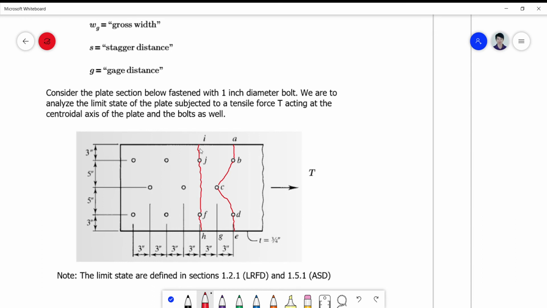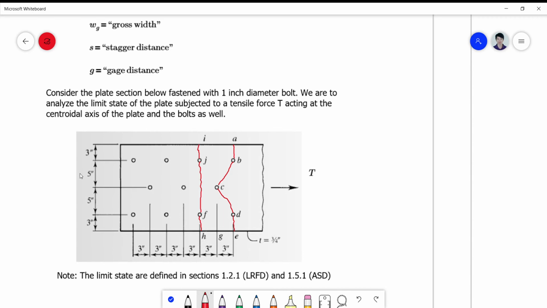Whether you go here, here, or here, you will notice that the path is just the same as this one.